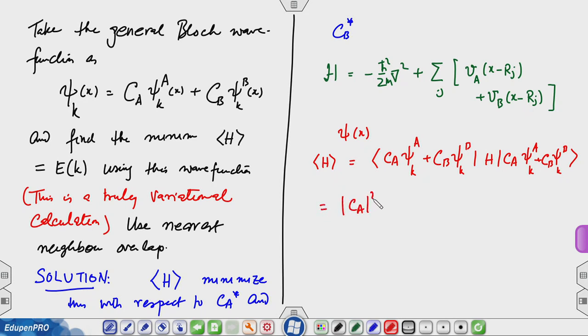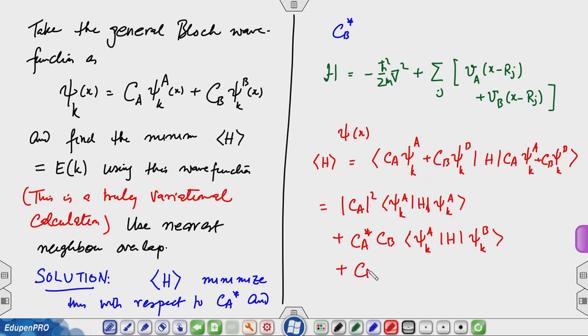mod C_A square psi_kA H psi_kA plus C_A star C_B psi_kA H psi_kB plus C_B star C_A psi_kB H psi_kA plus mod C_B square psi_kB H psi_kB.